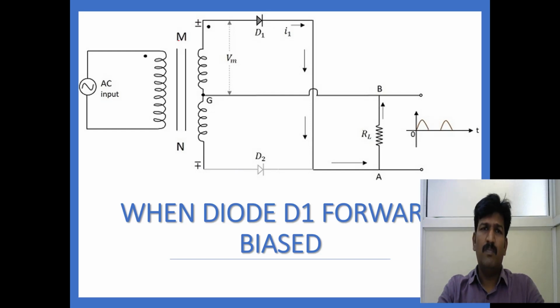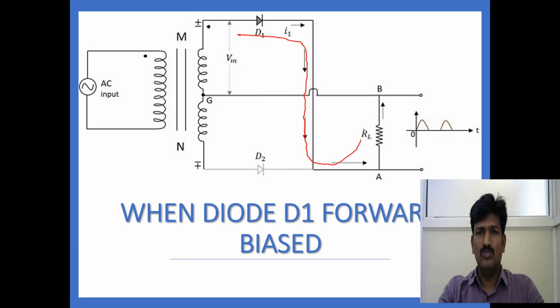Because point M is positive with respect to point N. So diode D2 becomes reverse biased and diode D1 becomes forward biased. When D1 is forward biased, I1 exists. Since D2 is reverse biased, no current passes through it, and the current passes through the load resistor in this direction.